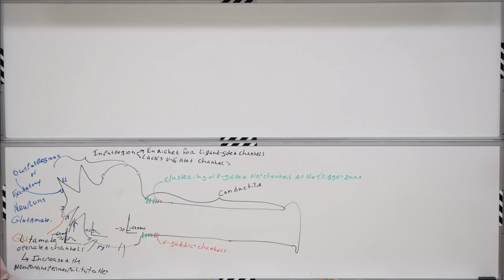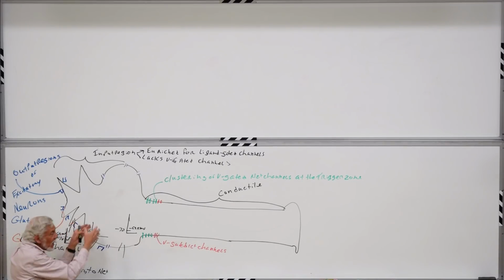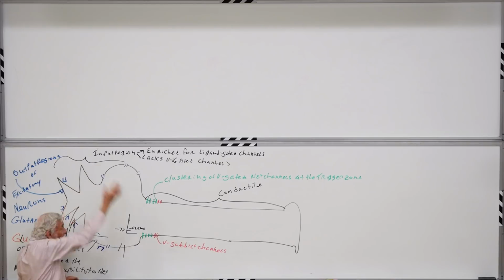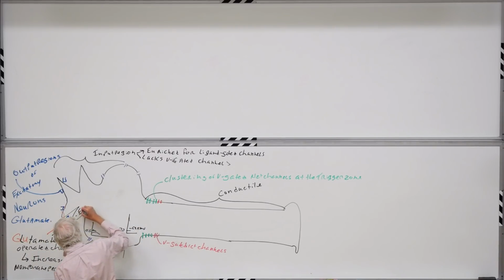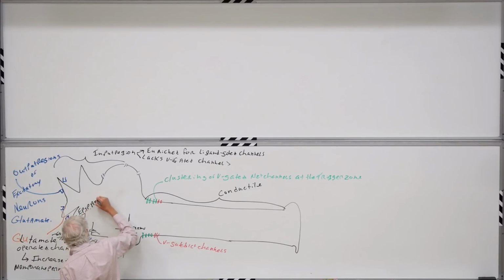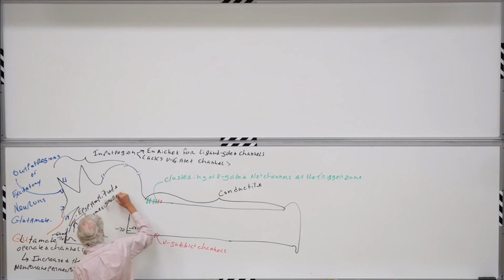So the problem here is that the leak channels are siphoning off positive charge. And because they're siphoning off positive charge, the amplitude of these EPSPs becomes smaller with distance.